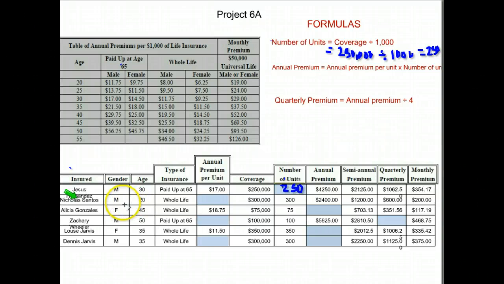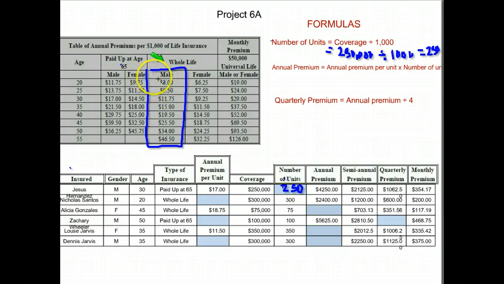Now we get down to Nicholas Santos. He's a male, age 20. Notice that's different than what yours says. And he's buying whole life insurance. They want to know the annual premium per unit. So we go to the chart. Again, we want male, age 20 for whole life. So make sure you're in the whole life and you're looking at male. So we're going to be looking at this column right here, male, whole life.